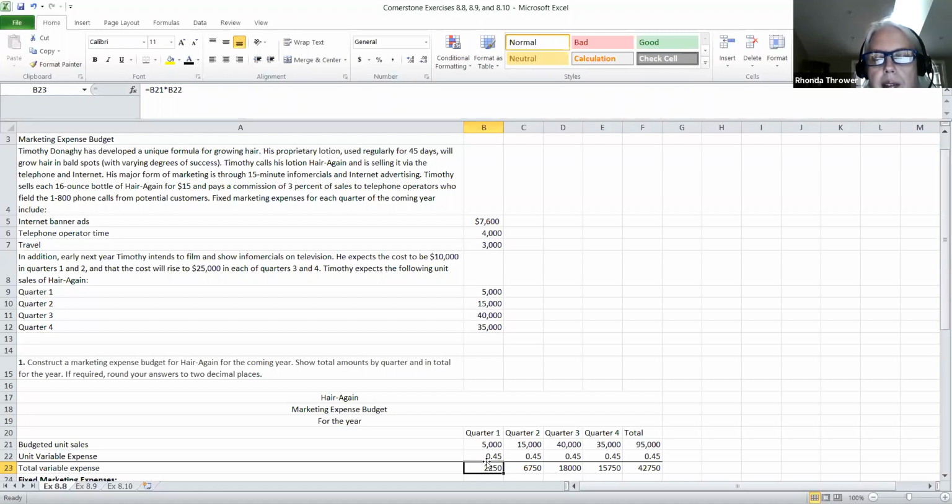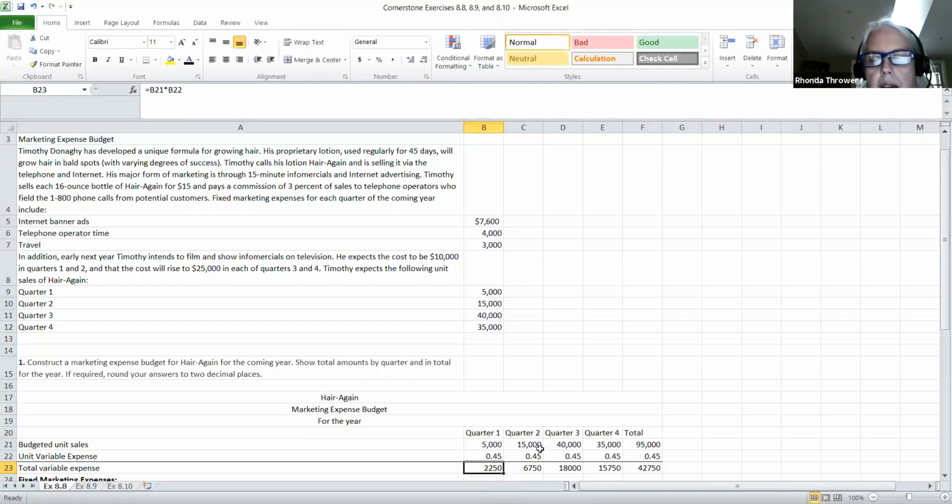So 45 cents times each one of the sales for each quarter is going to give you your total variable expense. So 45 cents times 5,000 gives you $2,250. This is a dollar amount here that they were wanting.